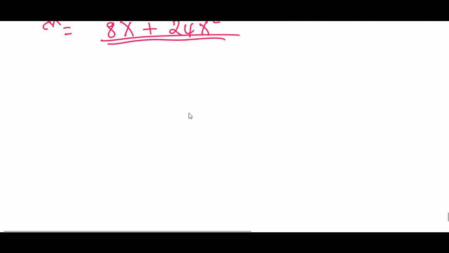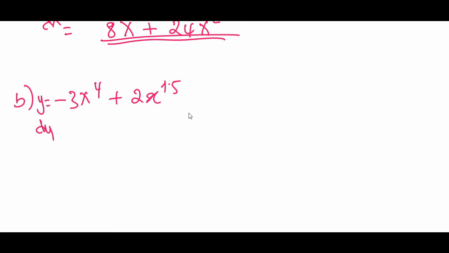Let us proceed with equation b. For b, I have negative 3x to the power 4 plus 2x to the power 1.5. This y is equal to this equation.